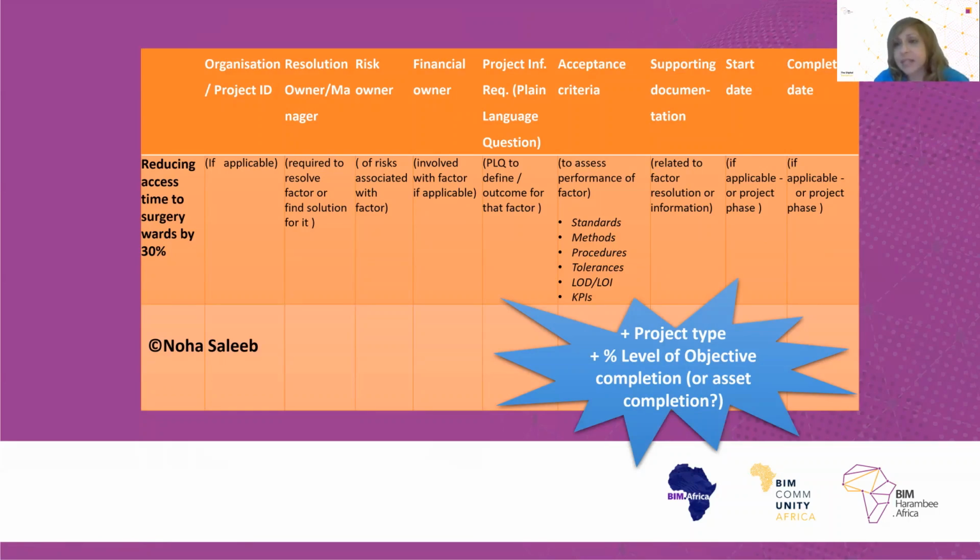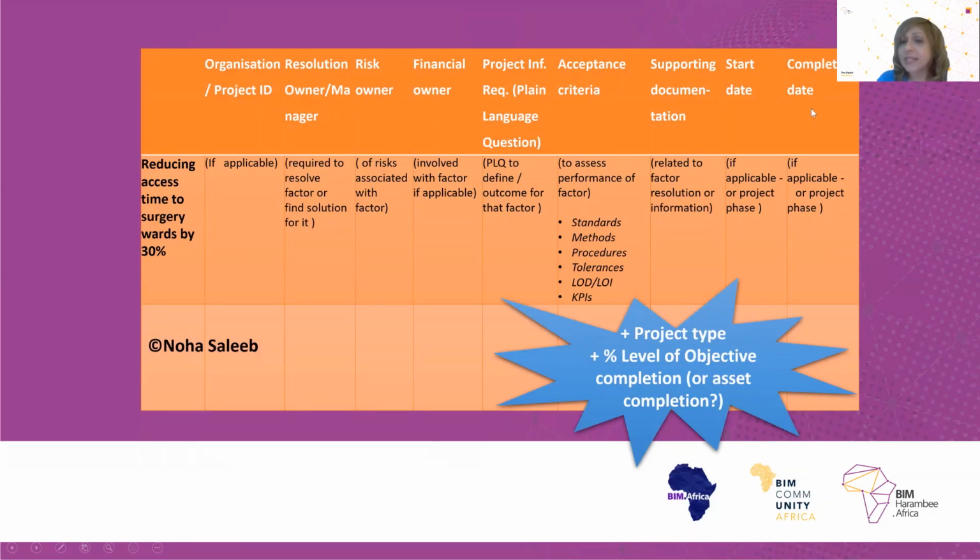Maybe standards that need to be taken into account. What supporting documents, besides the standards and tolerances and all of these kinds of things, can we link here that would help us achieve this particular objective?